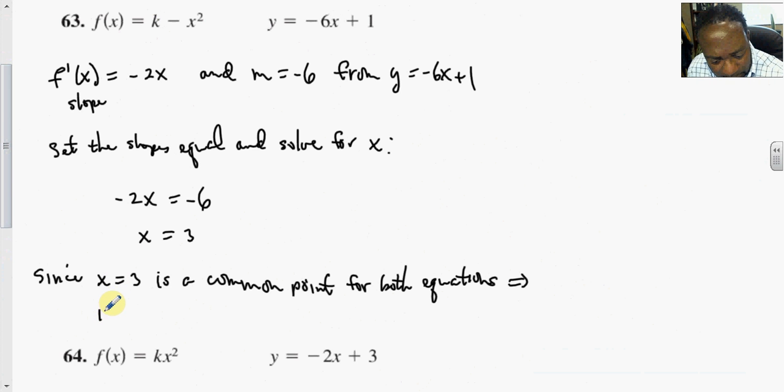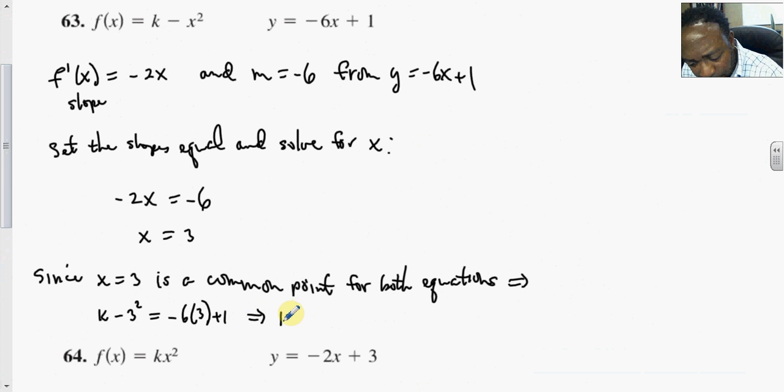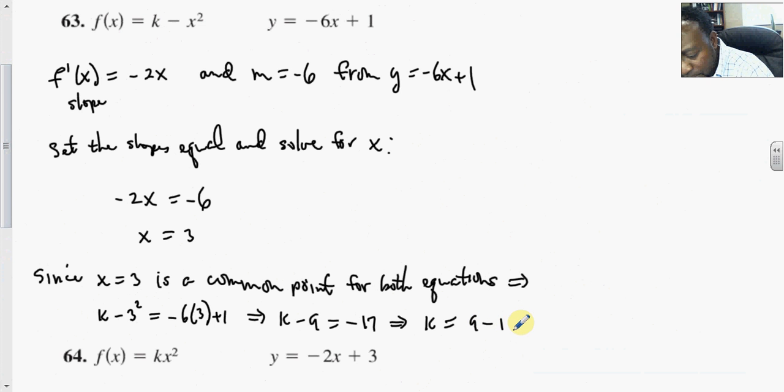So this implies that k minus 3 squared is equal to -6 times 3 plus 1. Well, this implies that k minus 9 is equal to -18 plus 1. So we get -17. And this implies that k is equal to 9 minus 17. So here, k is equal to -8.